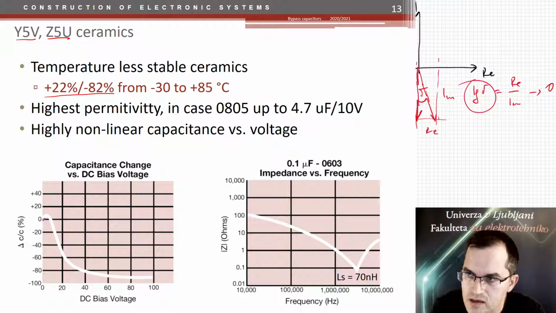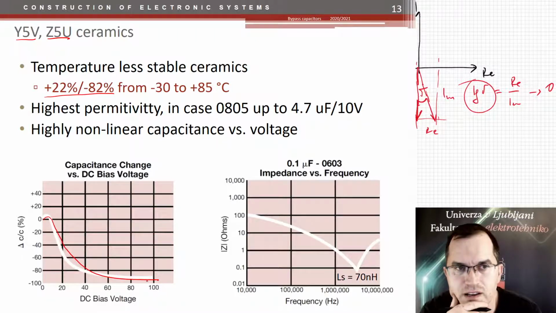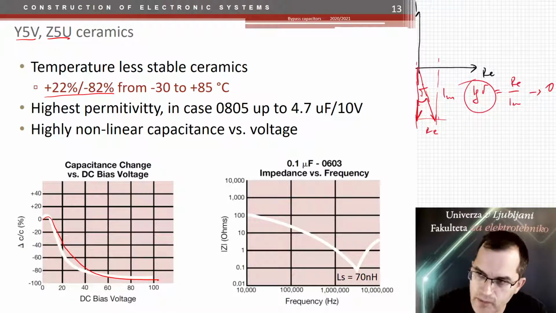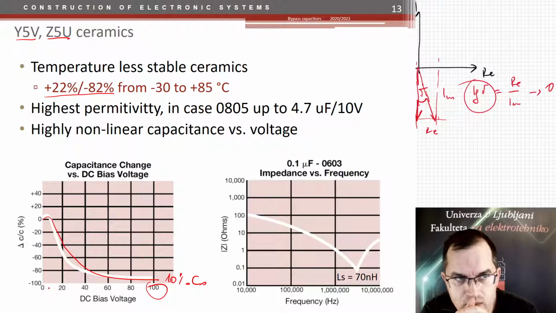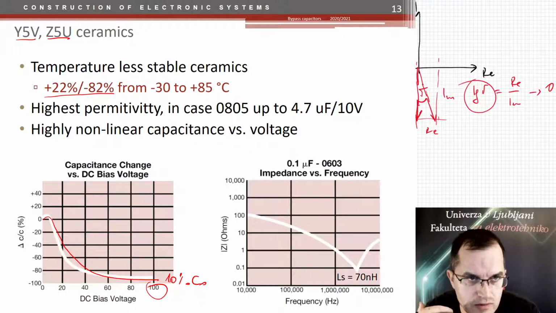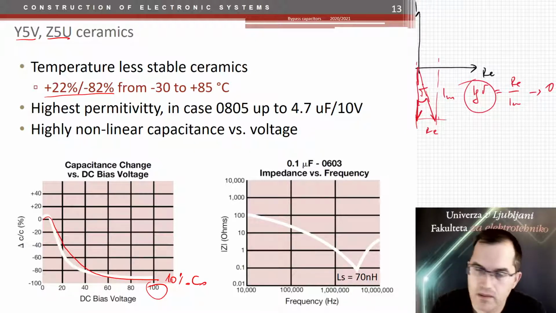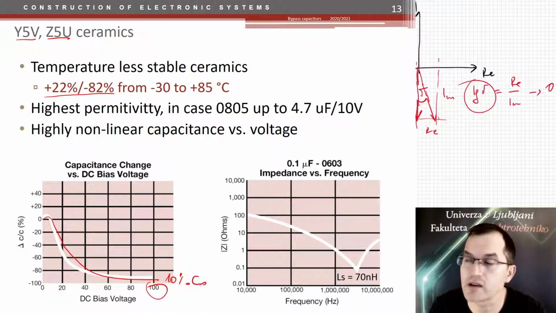You see here, the capacitance is dropping really, really fast with the DC voltage. So if the nominal voltage of the capacitor is 100 volts, you see that it reaches only 10% of the initial capacitance as at 0 volts, which is a disaster. But you can buy such capacitors and you should be careful when choosing them.